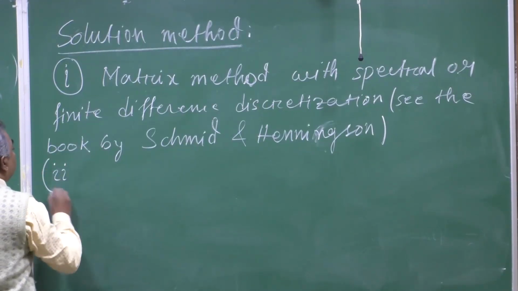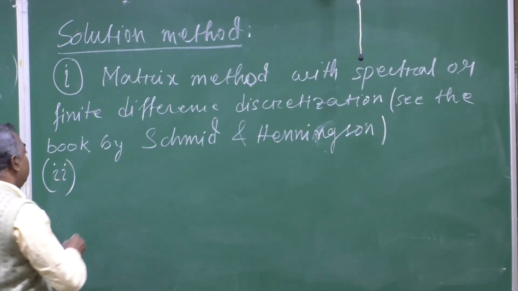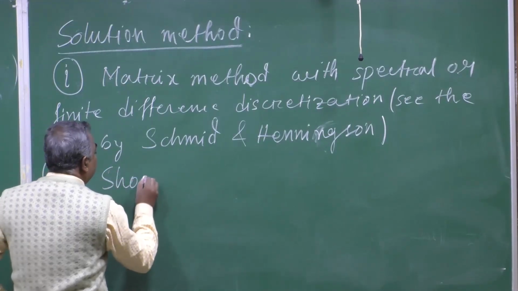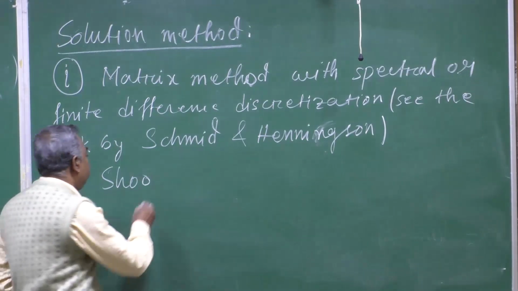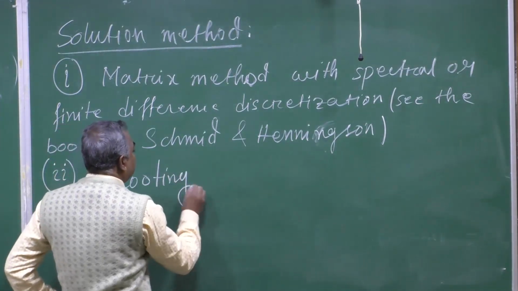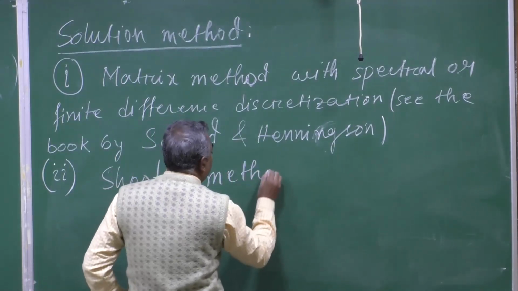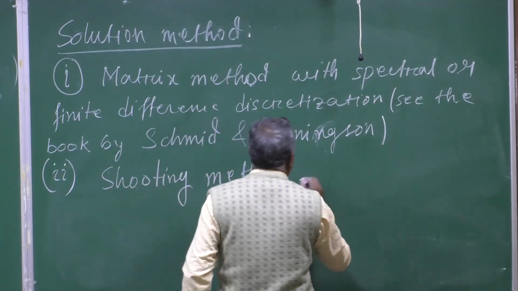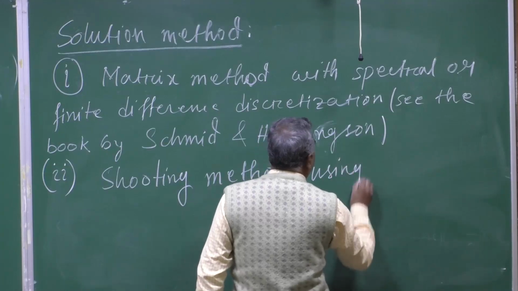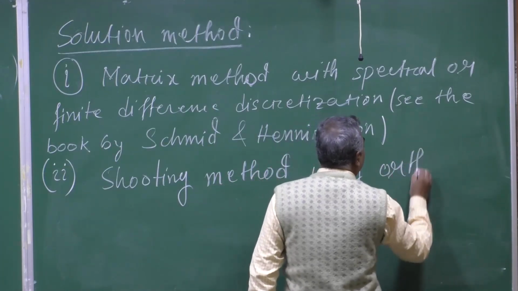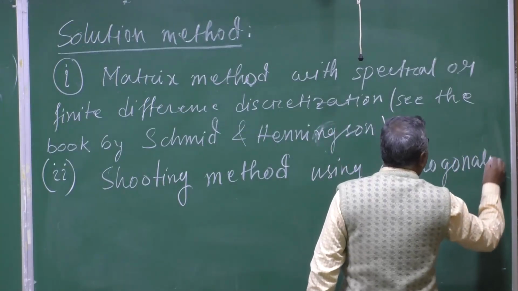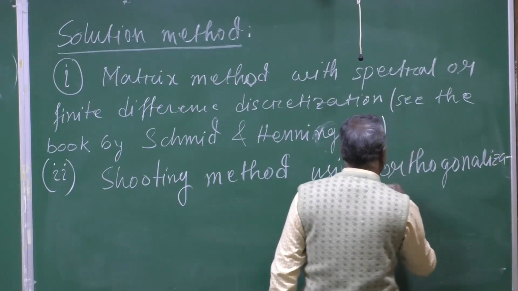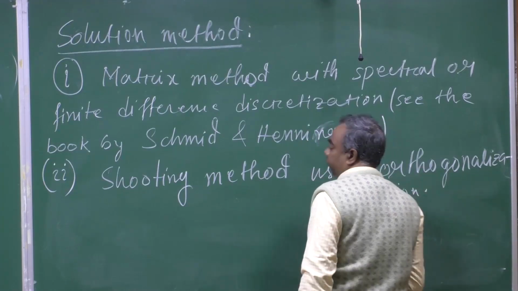Then the second method, shooting method. It is a boundary value problem. One of the solution methods for a boundary value problem is the shooting method, using orthogonalization.